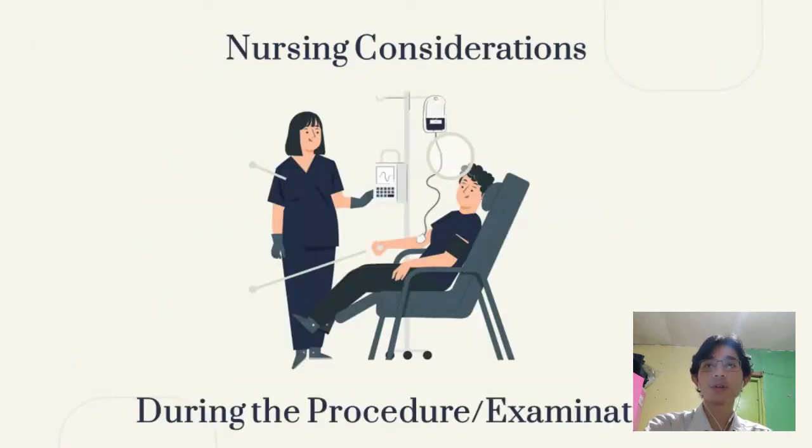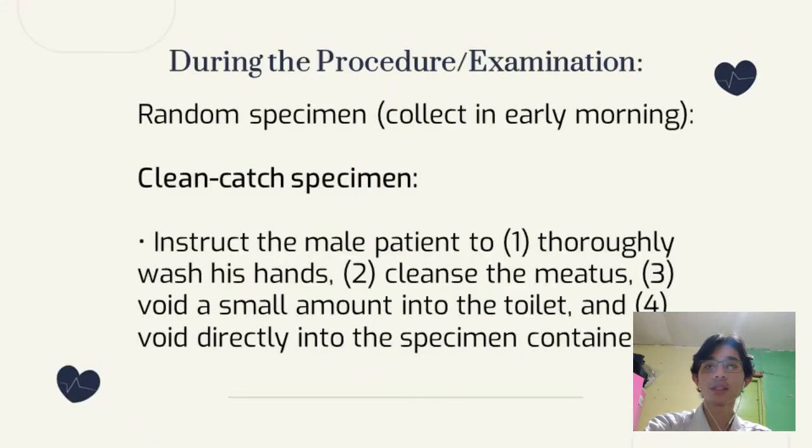So next is during the procedure or examination. The random specimen is collected in early morning. For the clean catch specimen, you should instruct the male patient to thoroughly wash his hands, cleanse the meatus, void a small amount into the toilet, and void directly into the specimen container.